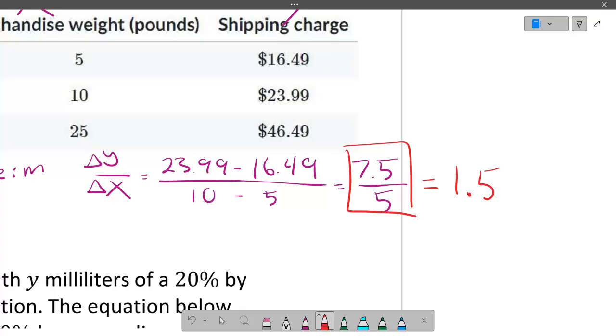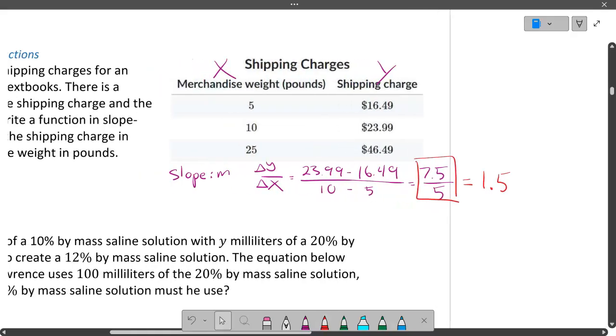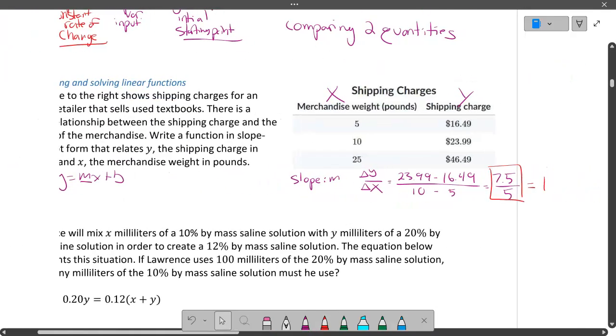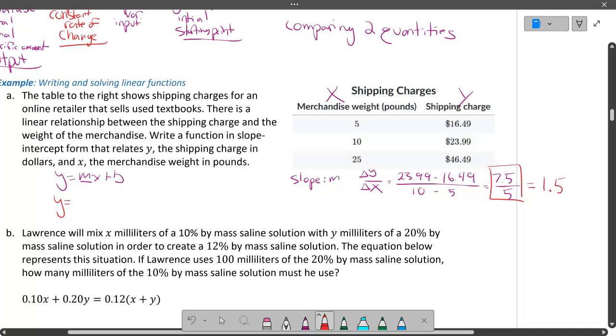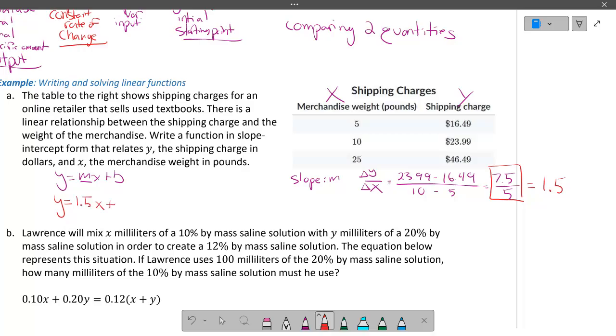So now we've got part of our model. We found our slope, okay? So far we got y equals 1.5x plus some starting amount. That is an excellent way to approach it, okay? There's a couple different ways, and we'll go into more detail tomorrow about other ways to find these missing values given some points.